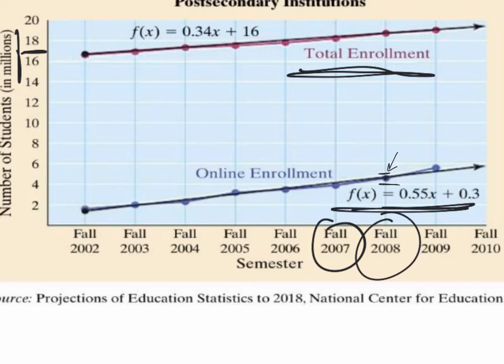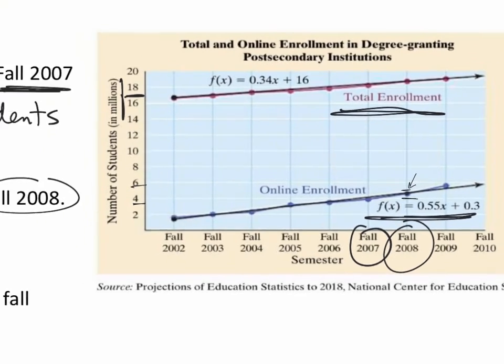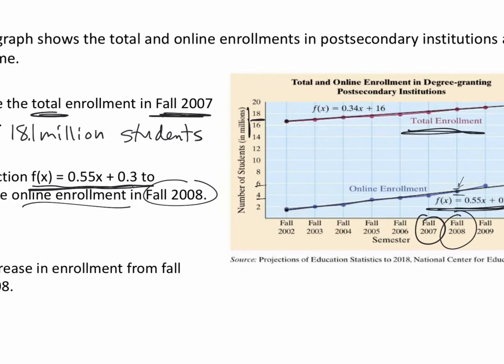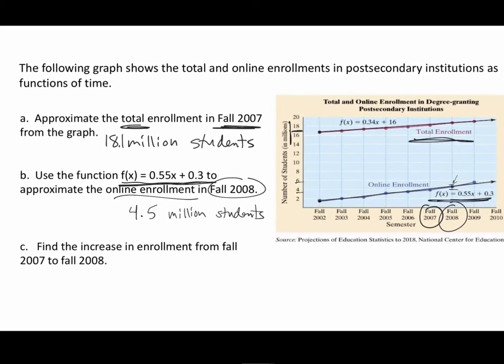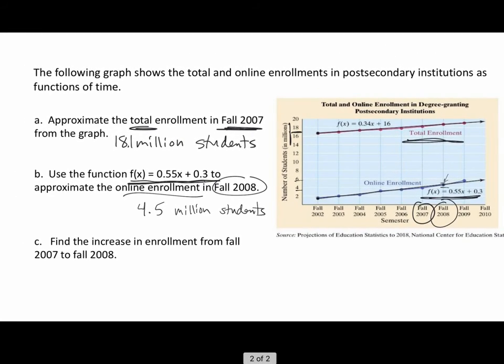It's not quite halfway to the next line, but it's about halfway to halfway, so we're going about from 4 to 6. It's not quite 5, but I would say 4.5 then. So let's go ahead and put that 4.5, and it's in millions of students. So that's our approximation for fall 2008 there.